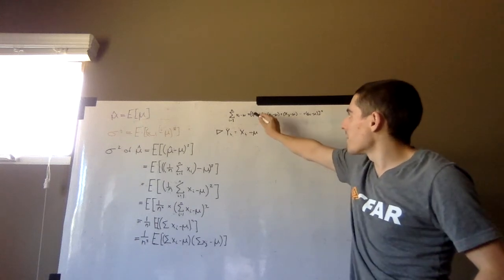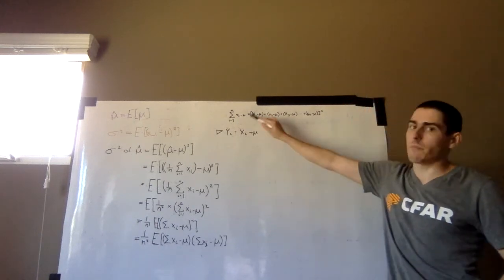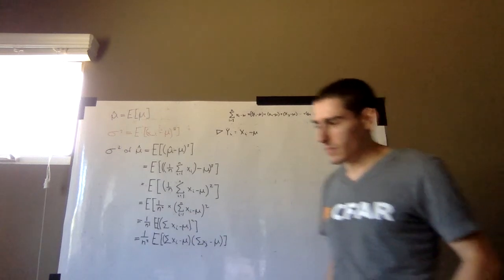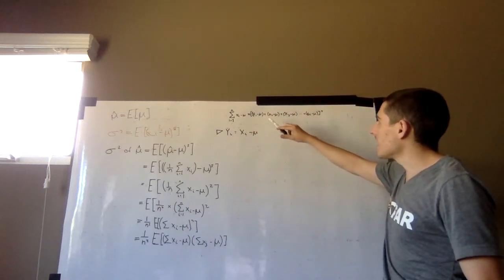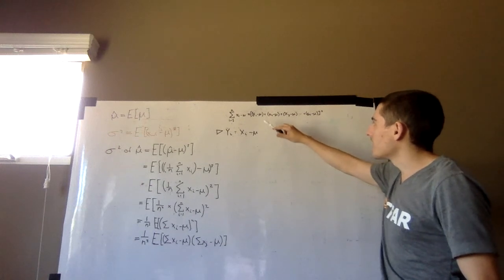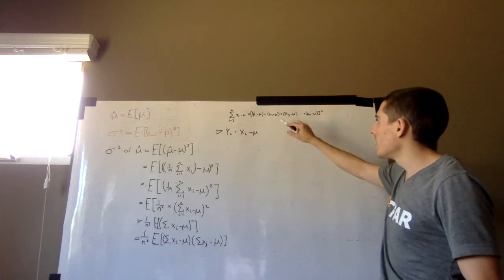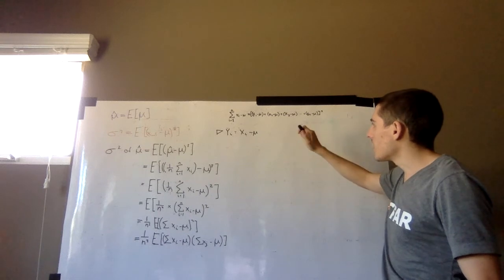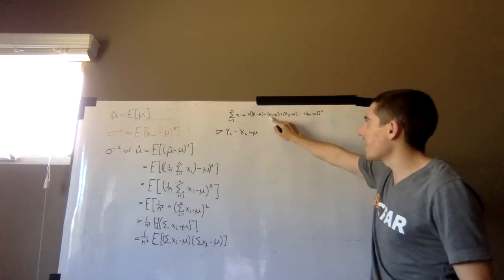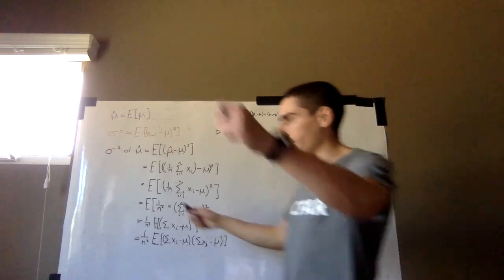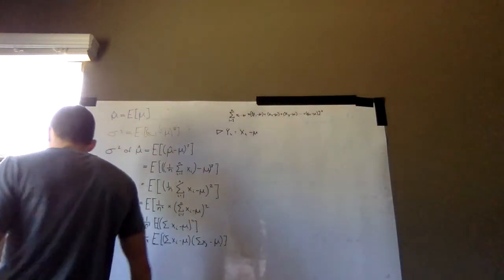This is a particular data point, and this is the population mean, and what's the difference between them? And so the expected value of each of these terms is equal to 0, because the expected value of any given xi is equal to mu.